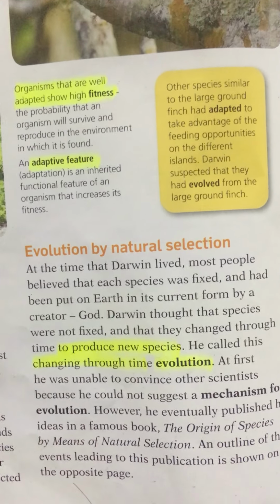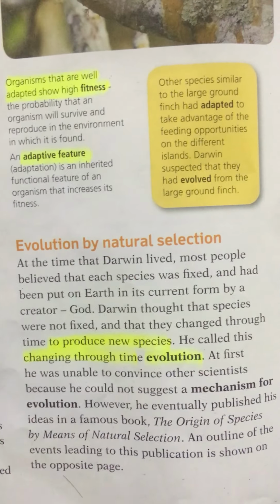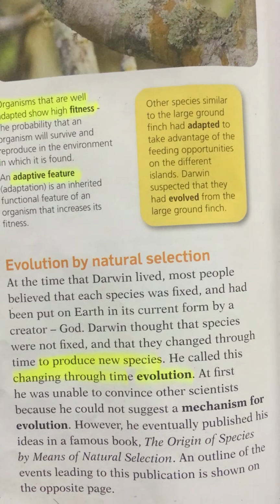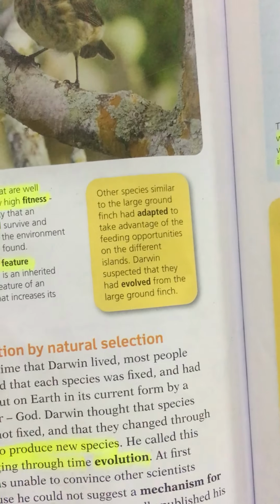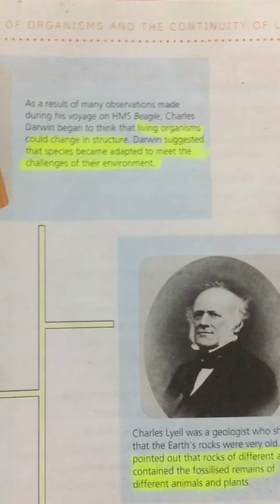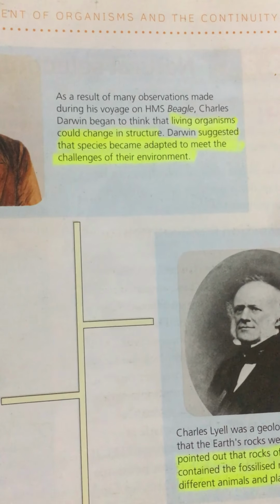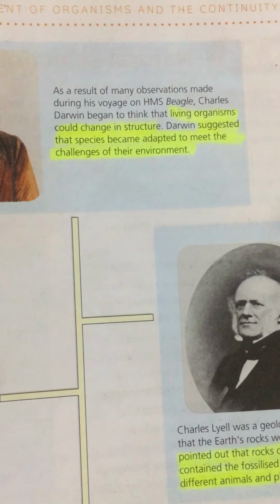Okay, so actually, Darwin's theory benefited from the ideas of other scientists. Let's understand what the idea is and how he used the scientists' ideas to prove his theory.